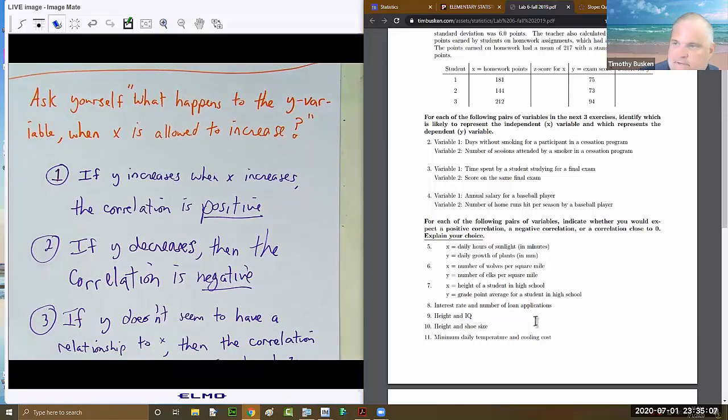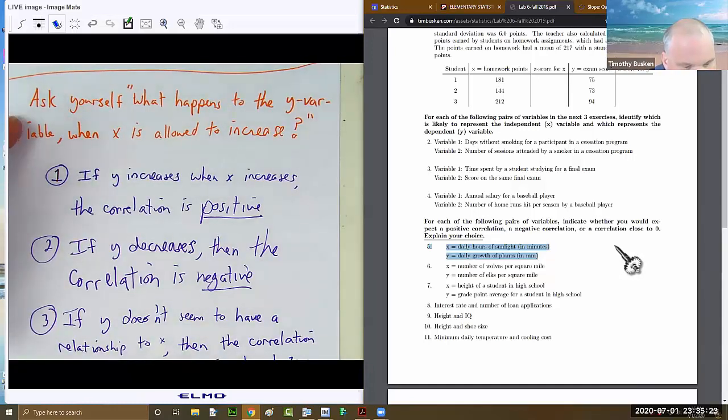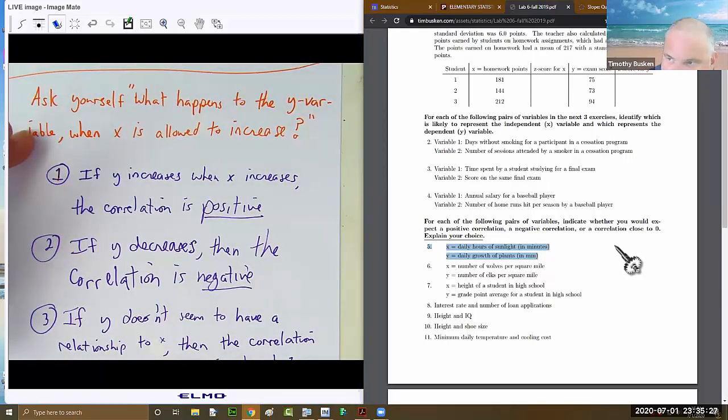cases I have. So now if I take a look at question 5 over here, X is the daily hours of sunlight in minutes, and Y is equal to the daily growth of plants in millimeters. So I'm going to ask myself, what happens if I allow X to increase?